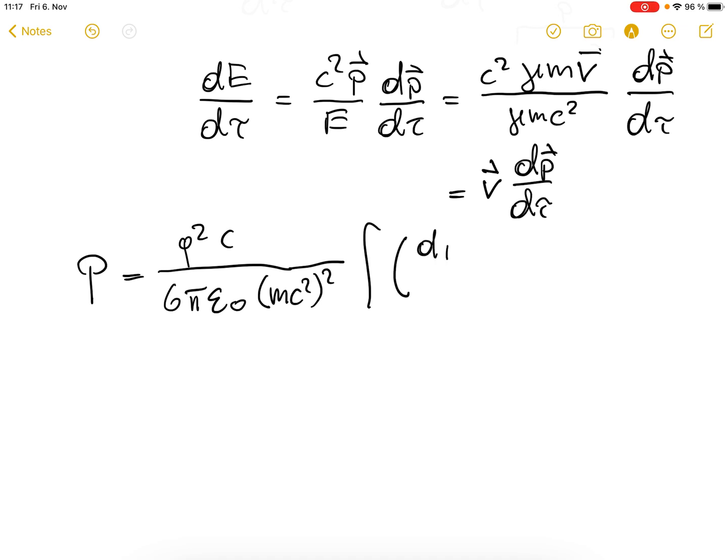We had there dp with respect to d tau, that's the first term, which is unchanged. And it enters squared, so we get the v squared over c squared. And then we have the same factor.